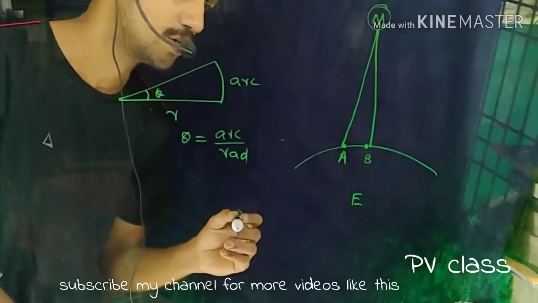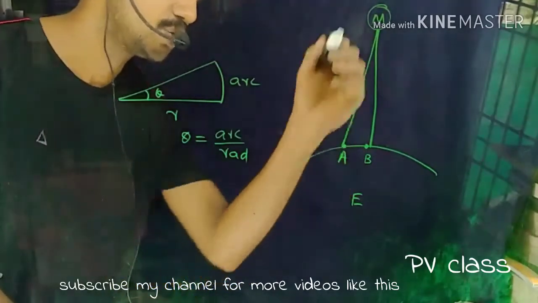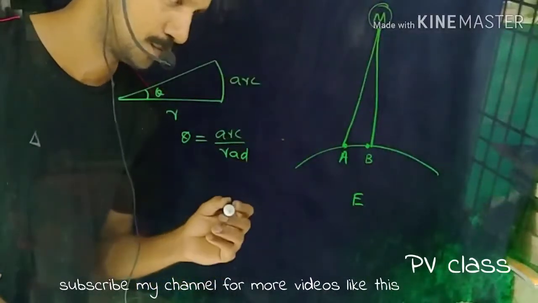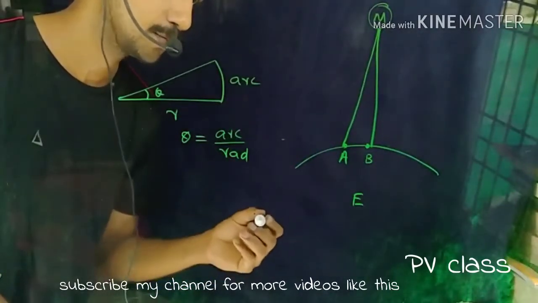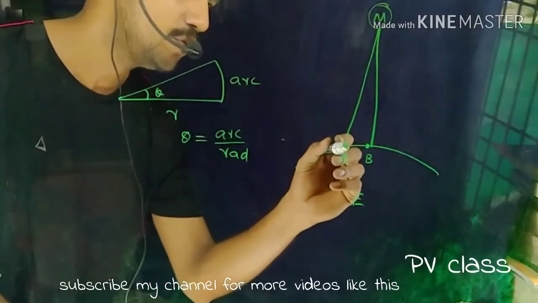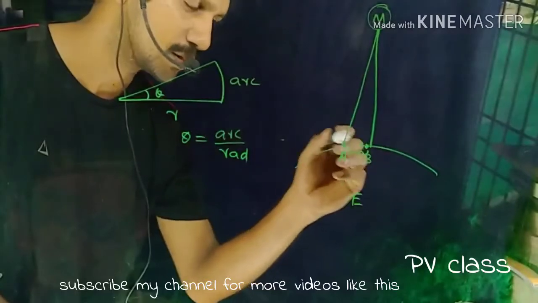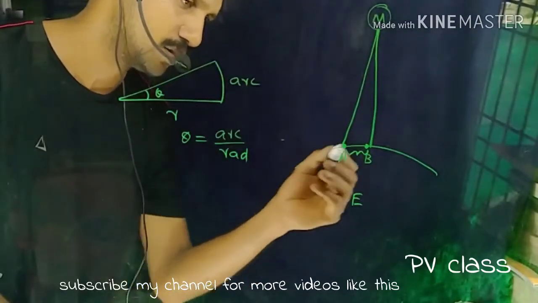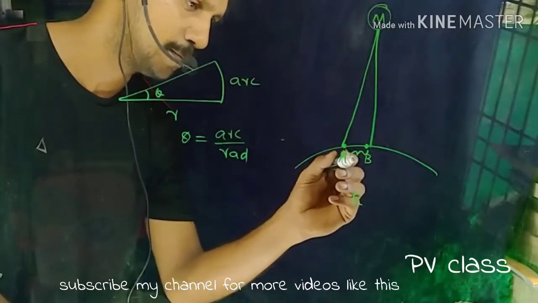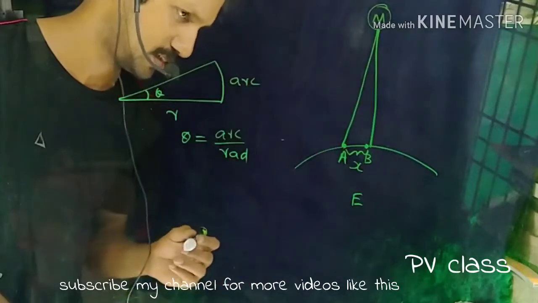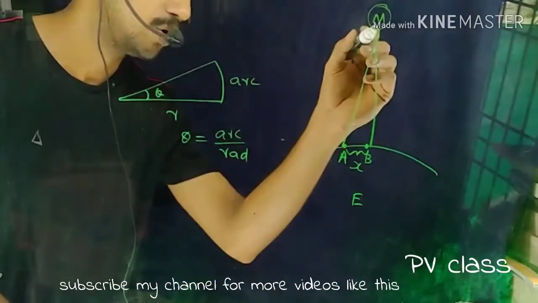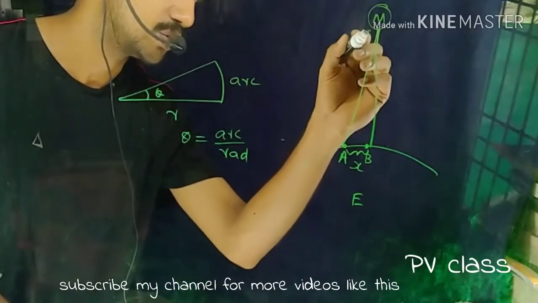Now we have focused our telescope from A to moon and B to moon. After this, can we measure this distance? Yes, it is measured directly. Let me call this distance x. Let's call this point on the moon as O.